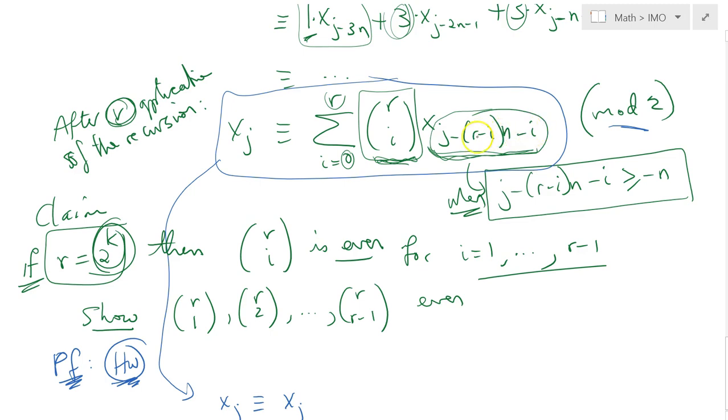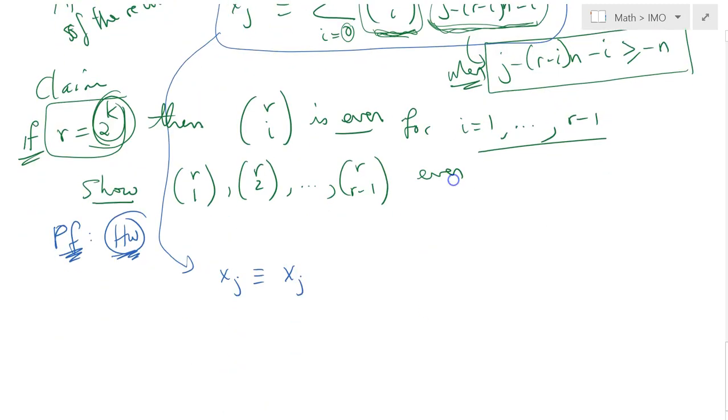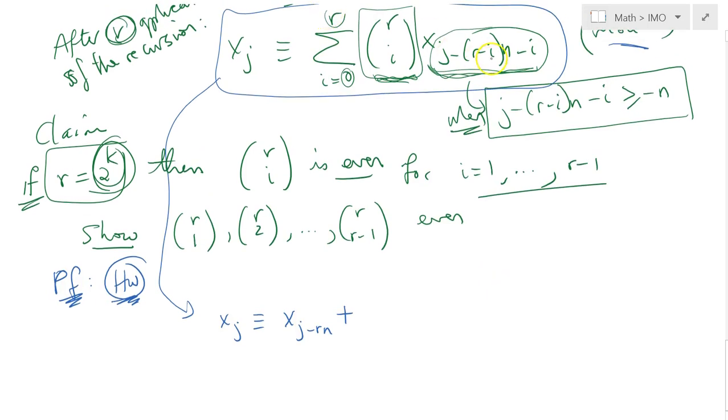Plus the last term, when you plug in r, x sub j minus r, for r in the form 2 to the power k.